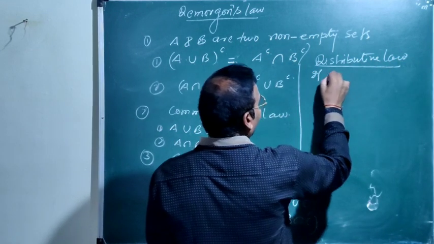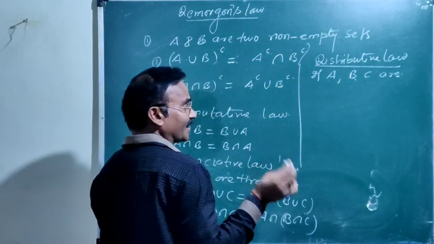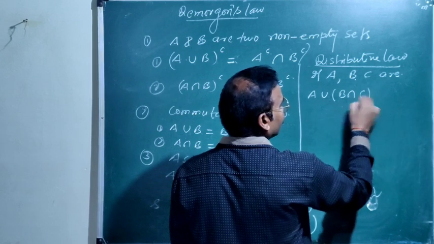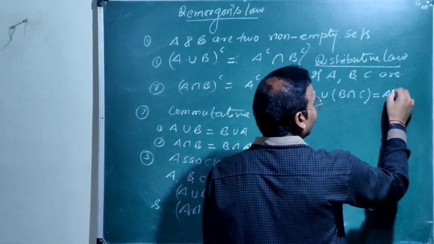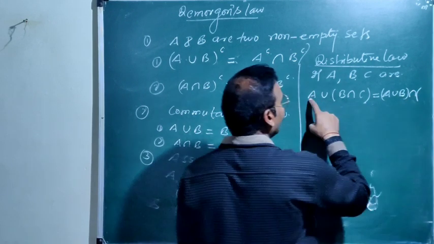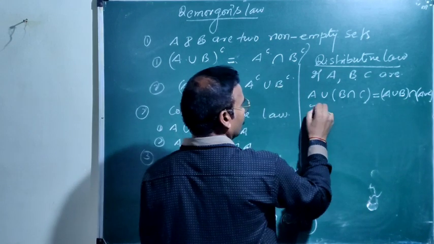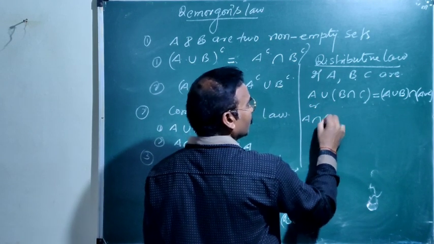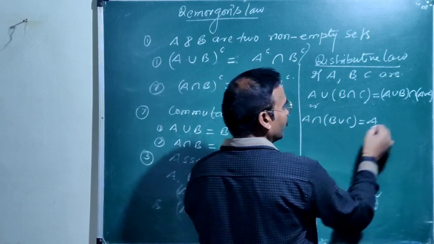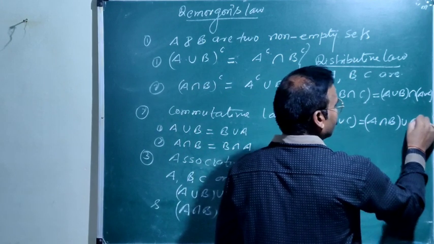If A, B, C are three non-empty sets, then A union (B intersection C) is equal to (A union B) intersection (A union C), or the second part, A intersection (B union C) is equal to (A intersection B) union (A intersection C).